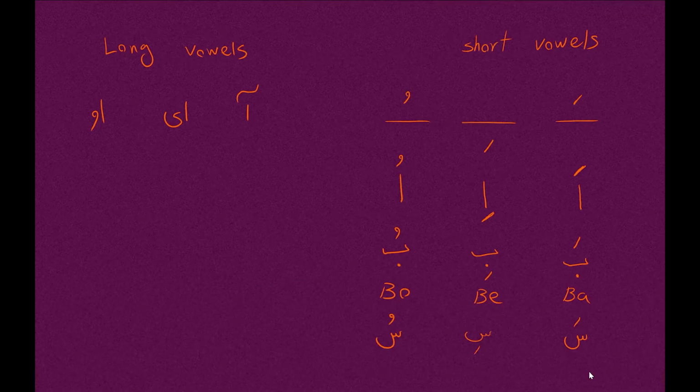So here you can see that we add this sign above the letter Alef, and it would make it give the sound A, as in the word Aseman, which means sky in Persian.